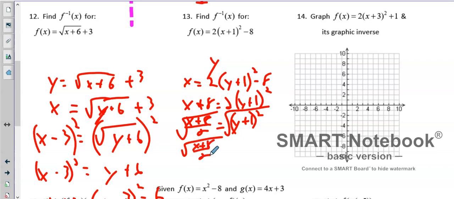The answer key says 1/2 x plus 4. Same thing. Equals y plus 1. And we just move the 1 over. So y, or in f inverse of x equals negative 1 plus or minus.